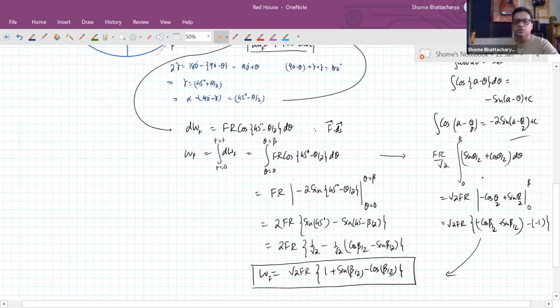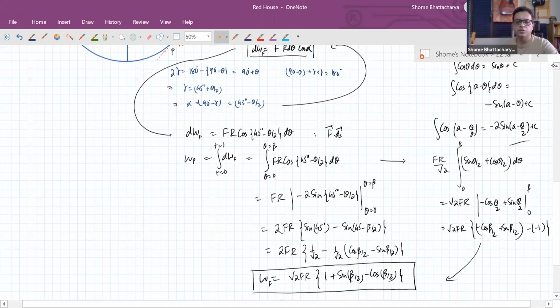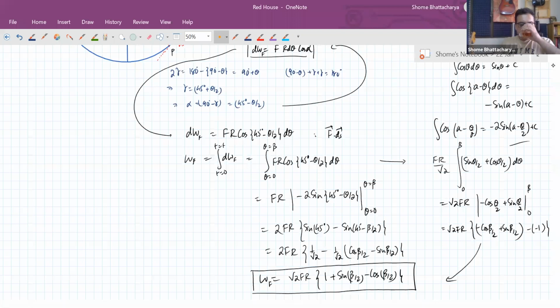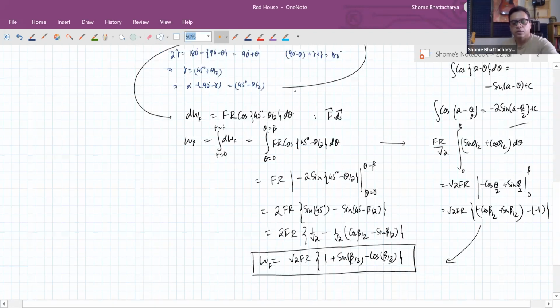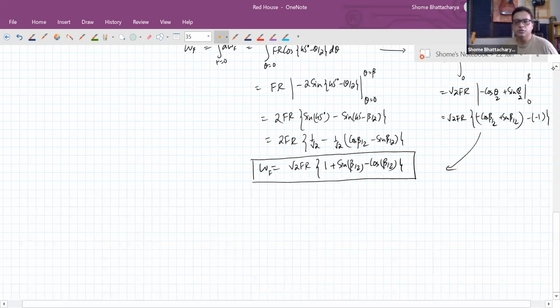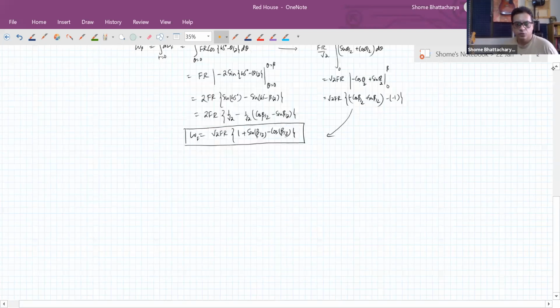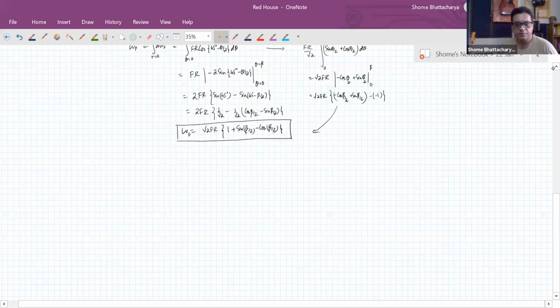So that will give you the same thing as this. So there are a number of ways of doing this. Just make sure all the steps are clear, and also that you understood the substitution with respect to the diagram properly.